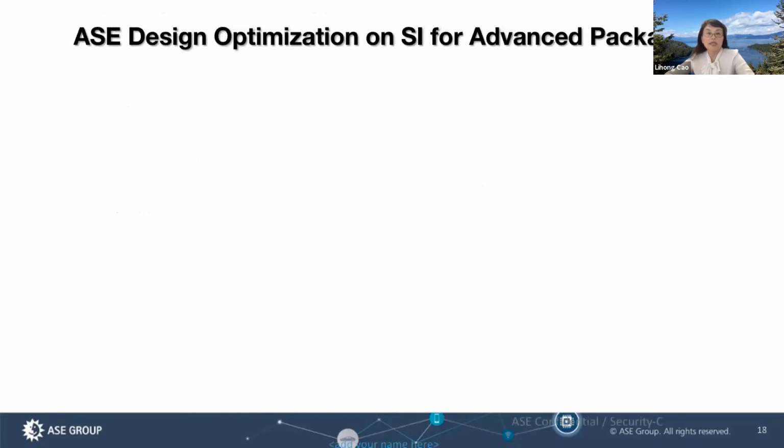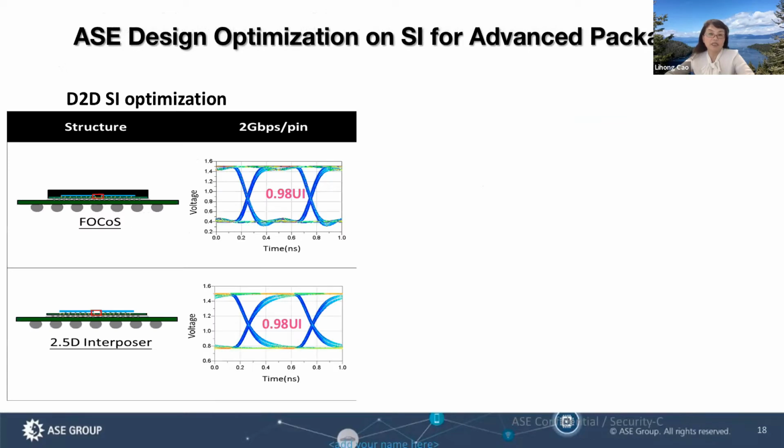Here shows 2 examples for design optimization of SI for die-to-die connections for fan-out chip-on-substrate and 2.5D silicon TSV. After design optimization, both FOCOS and 2.5D die-to-die connections can meet the spec requirement.